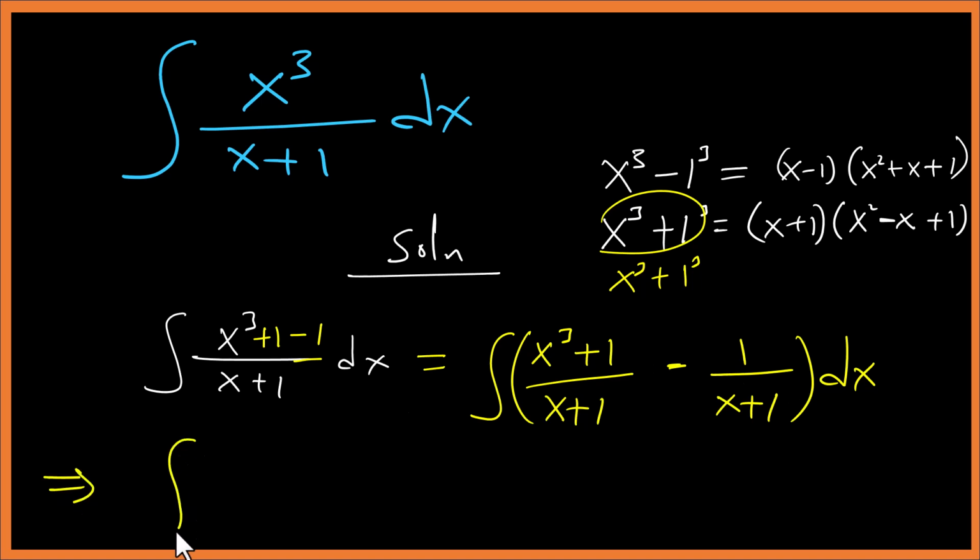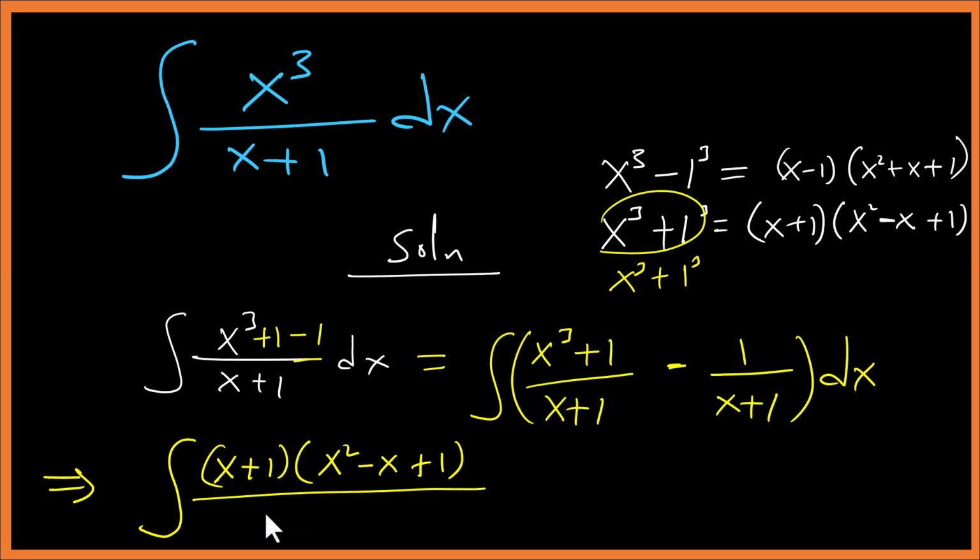So x cubed plus 1 will be x plus 1 times x squared minus x plus 1, on x plus 1, minus 1 on x plus 1, dx.